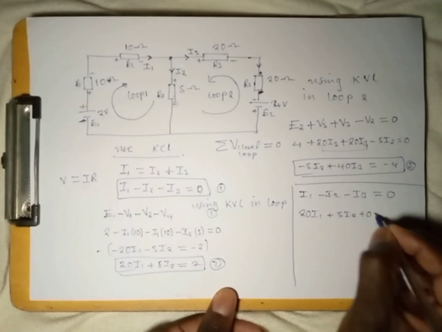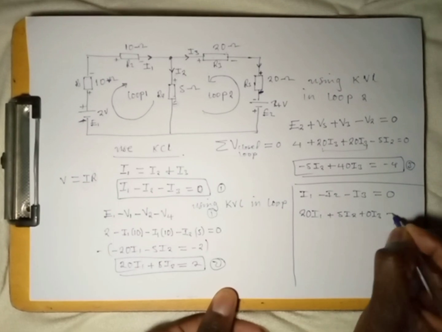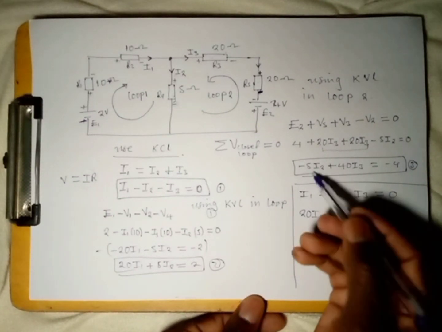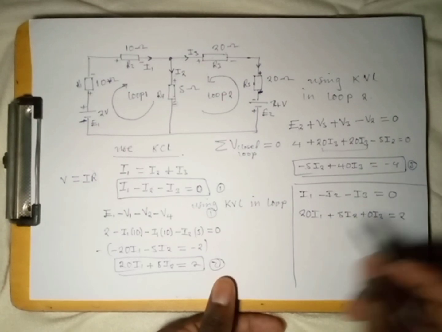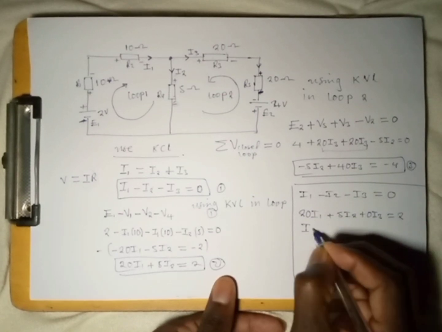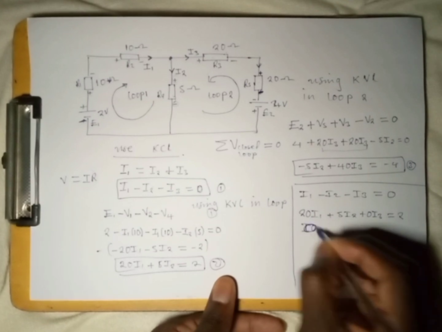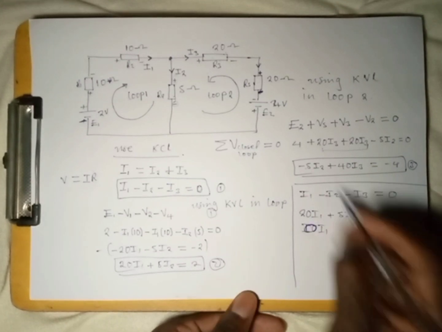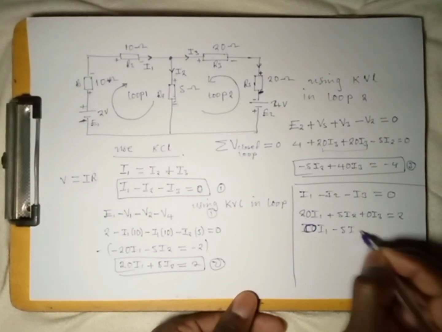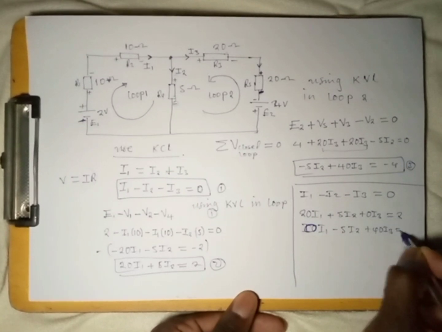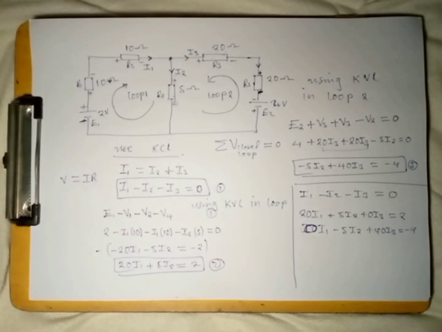I'll put a 0 on the one which is missing, equate to that, and that has to be the second equation. Here, one thing which is missing is I1. Then we have minus 5 I2 plus 40 I3 equal to negative 4.